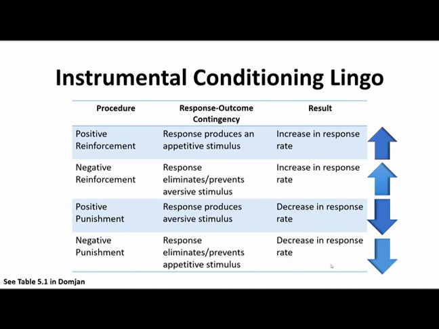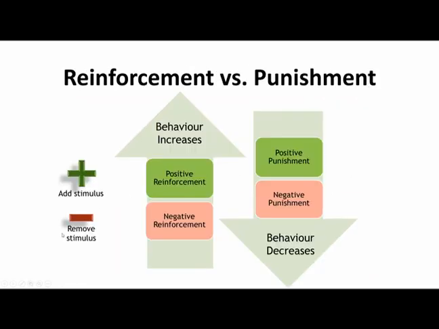Now, the textbook presents a table kind of like this, where we list all 4 of our options together, and we talk about the procedure's name, the contingency between our response and our outcome, and the result to the behavior in the end. But I actually find it easier to think of these terms this way, which is asking ourselves, are we adding or removing a stimulus? If we're adding a stimulus, it's going to be positive.